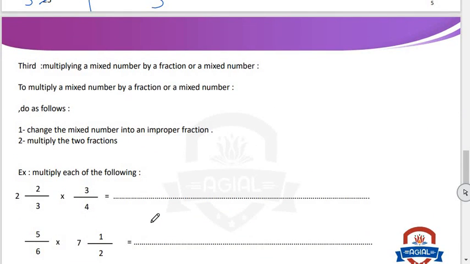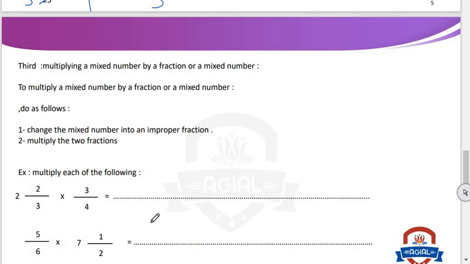Is this easy, how to multiply two fractions or multiply a whole number by a fraction? Like two fractions, but put denominator 1 to the whole number. Third, how to multiply a mixed number by a fraction or by another mixed number. To multiply a mixed number by a fraction, do as follows.